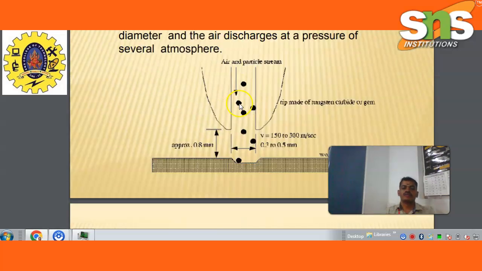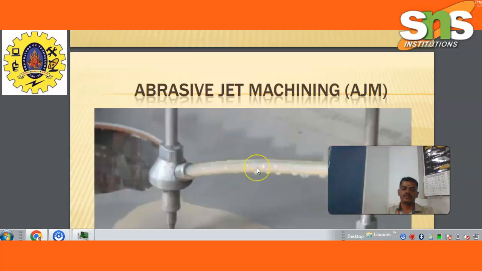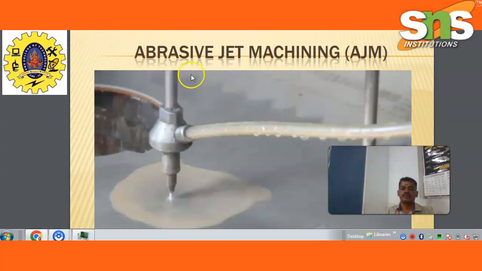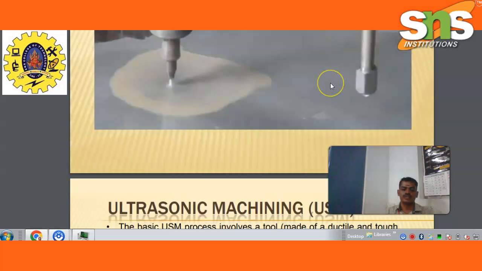These are examples of air and particle streams. This is called the downward direction. The approximate distance is 0.08 mm, and the velocity is 150 to 300 meters per second, 0.3 mm to 0.5. These are the workpieces, examples of abrasive jet machining images.